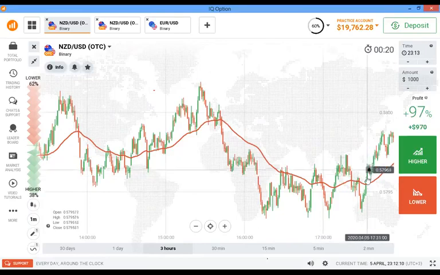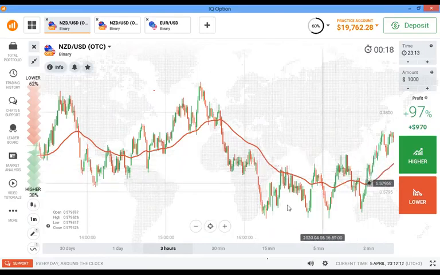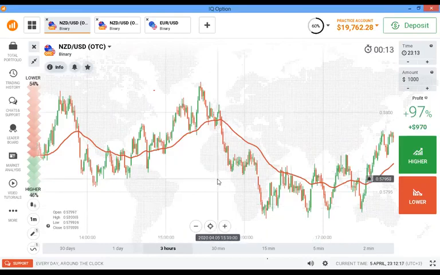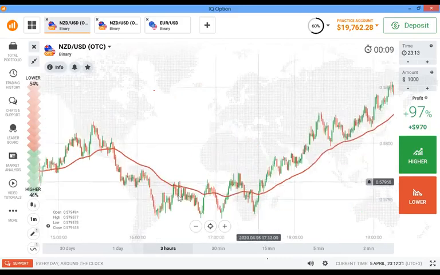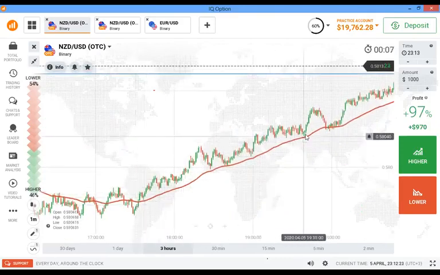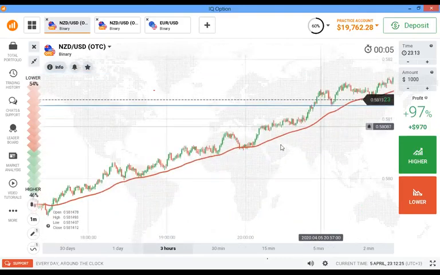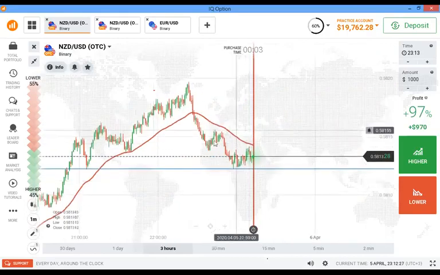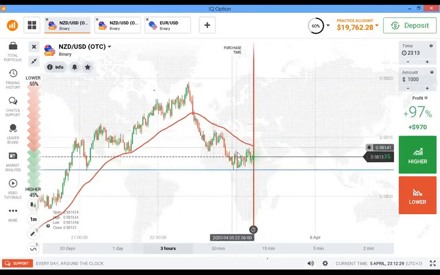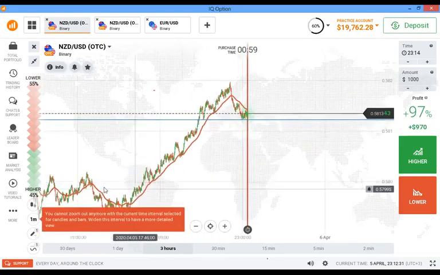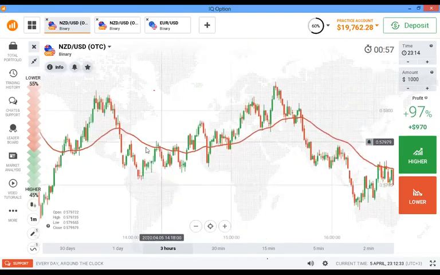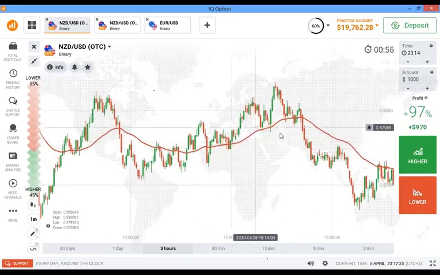So the market will be sleeping on the support and resistance when the market is in ranging. The moving average will be sleeping on the support and resistance. You can see most of the time it sleeps on the support because this is uptrend. But now it sleeps on the resistance because this is downtrend. But here in ranging, it sleeps all the time on support and resistance.